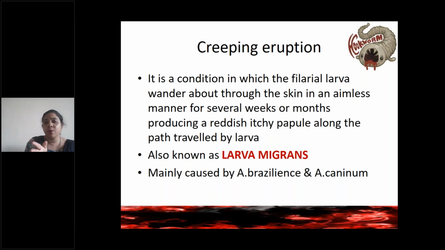Wherever it moves, that part usually becomes itchy, and a reddish papule is usually formed. That is called creeping eruption, also called larva migrans. It's called migrans because the larva migrates. This type of condition is commonly seen with Ancylostoma species such as braziliense and caninum.